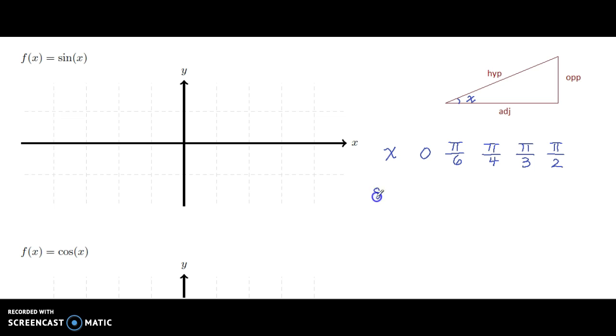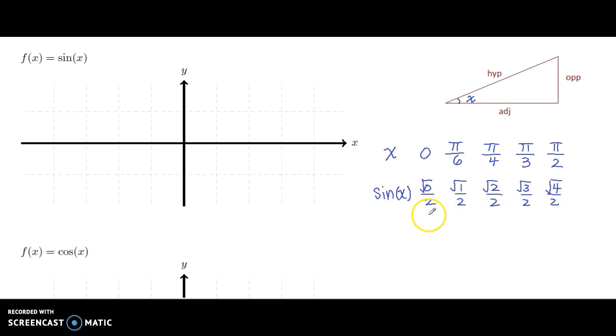To memorize the sine values for these angles, you can think of it as everything over 2, everything under a square root, and then you count 0, 1, 2, 3, 4.